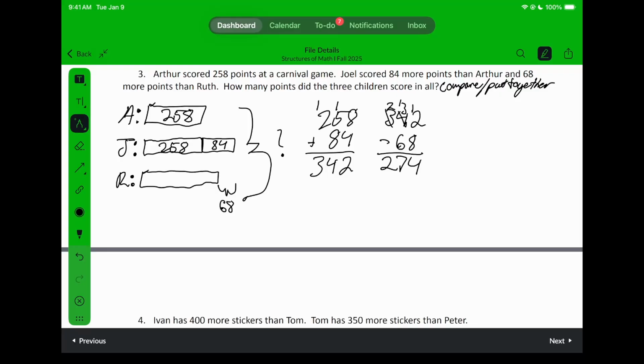Now we just add them up. And we know that their total is 874 because we added Arthur's 258 plus Joelle's 342 to get 600. 600 plus Ruth's 274 to get 874.